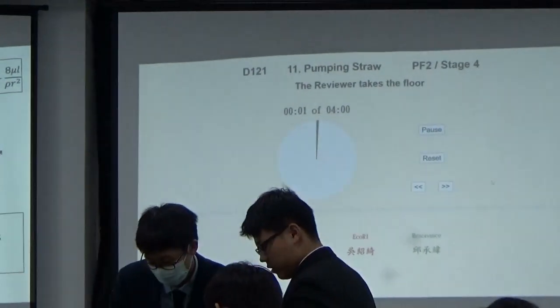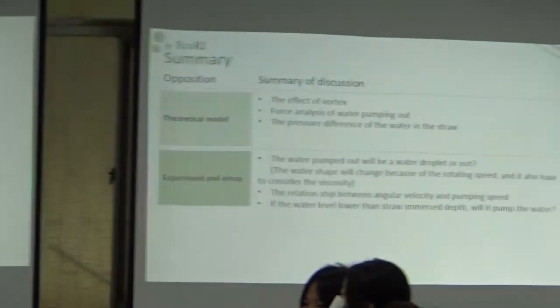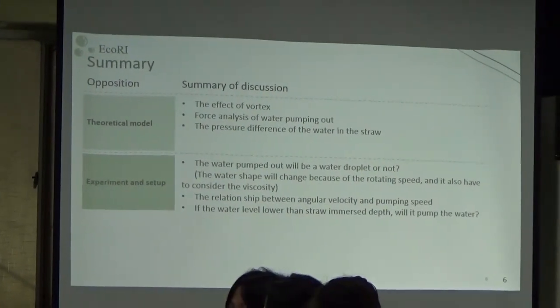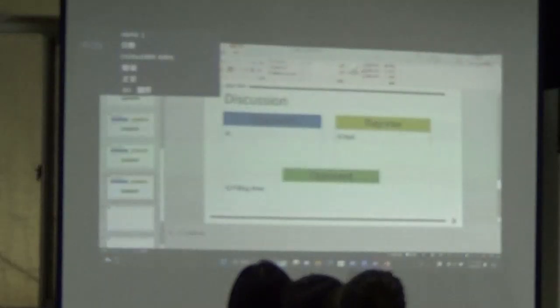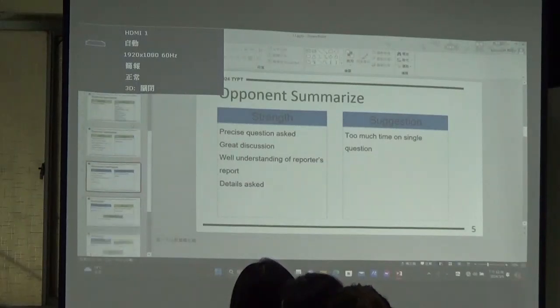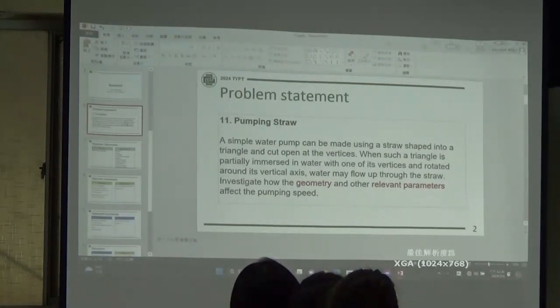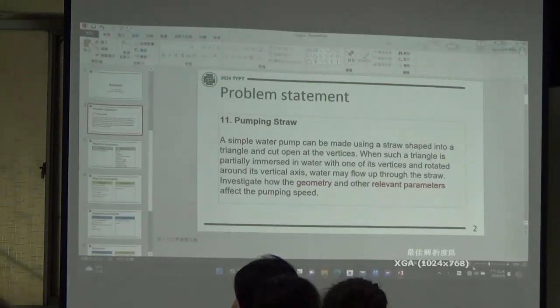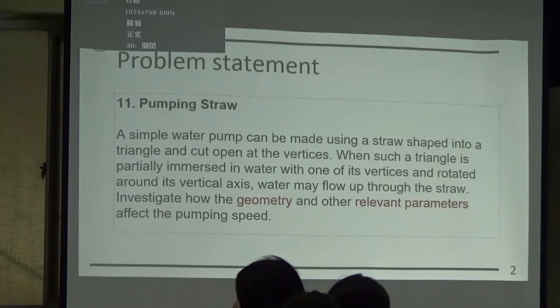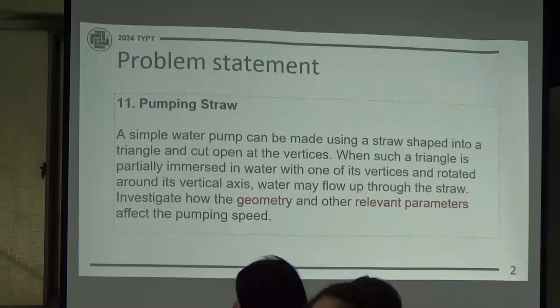Presentation of the reviewer. I'm a reviewer from Team Residence. Here's the problem statement. A small water pump can be made using a straw shaped as a triangle in 1936. When such a triangle is partially immersed in water with one of its vertices and rotated around its cylindrical axis, water may flow up through the straw.